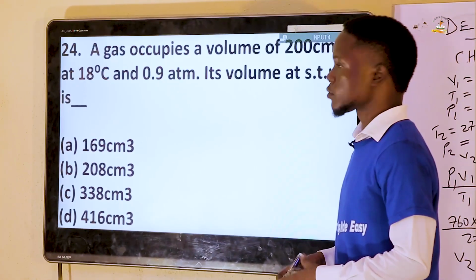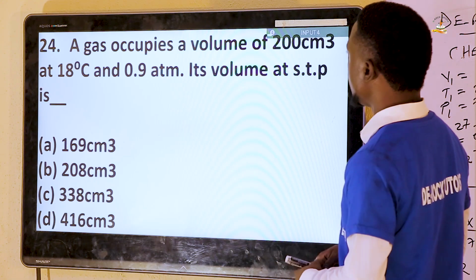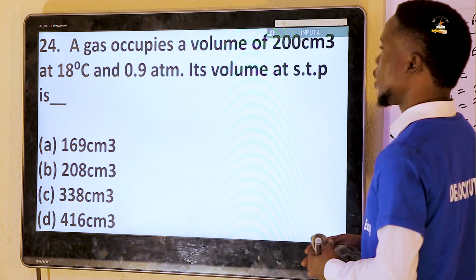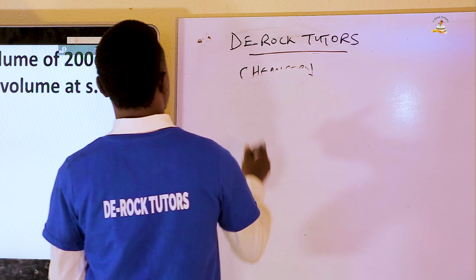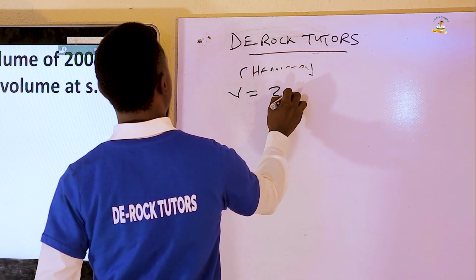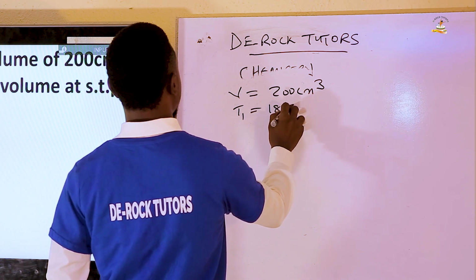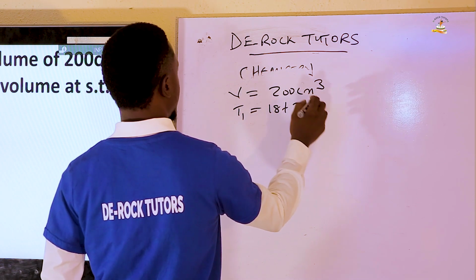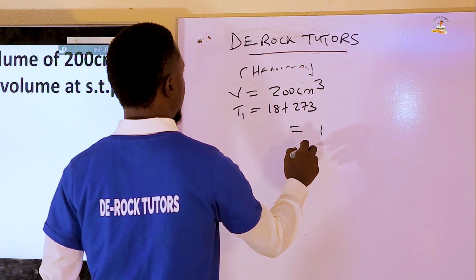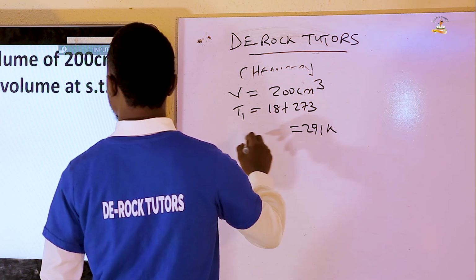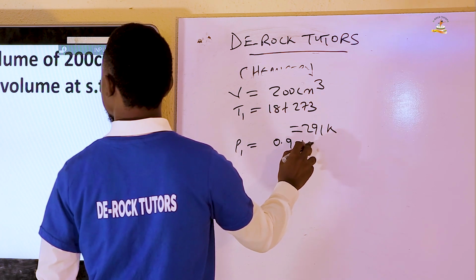Next question. Number 24. A gas occupies a volume of 200 cm cube at 18 degrees Celsius and 0.9 atm. Its volume at STP is dash. So, it occupies a volume of 200 cm cube, temperature 18 plus 273, that will be 291 Kelvin, and P1 at 0.9 atm.